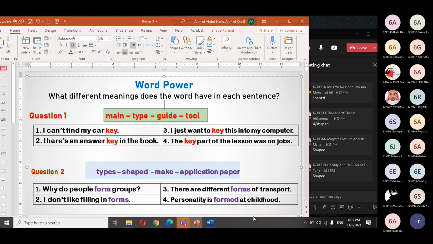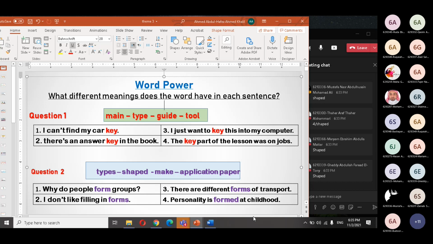If someone asks you, what is the meaning of this word? Don't give him the meaning of the word, because the word may have different meanings. So you tell him, put it in a sentence. What is the sentence? Because the meaning of the word will change if the sentence changes.